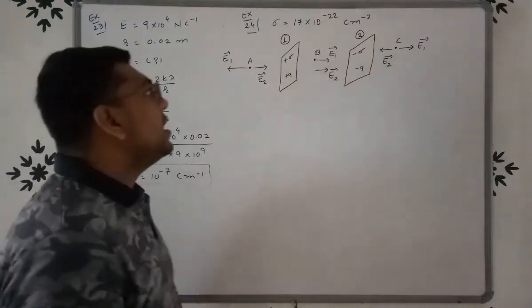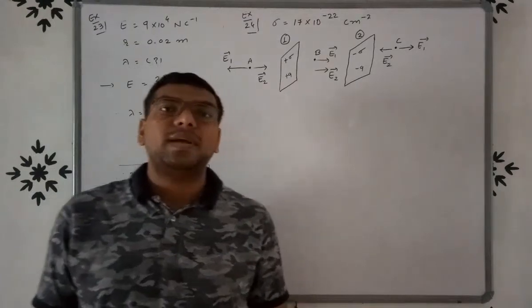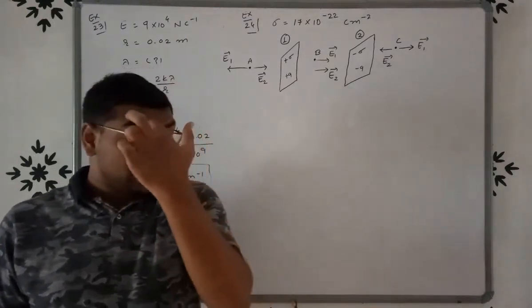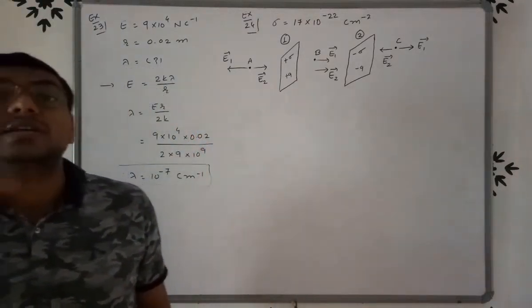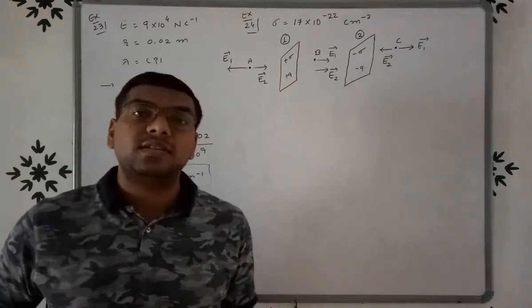Now we know the formula of electric field. Electric field E is equal to sigma upon 2 epsilon 0.